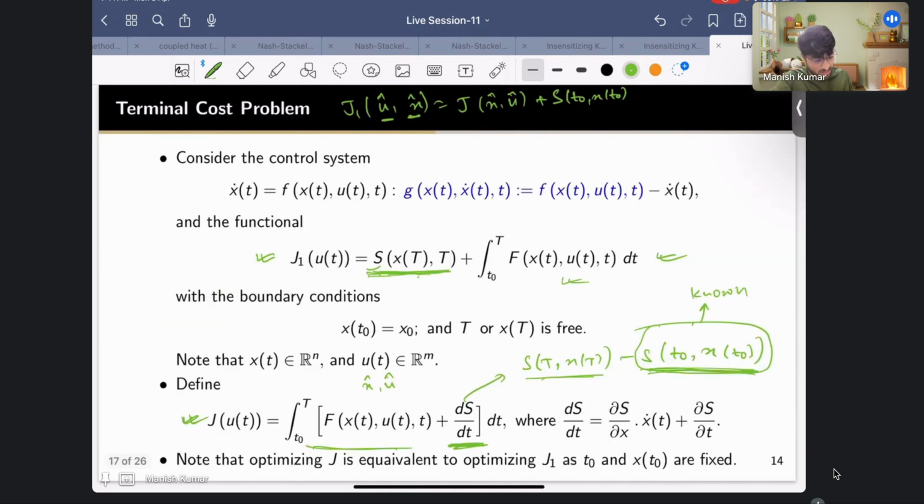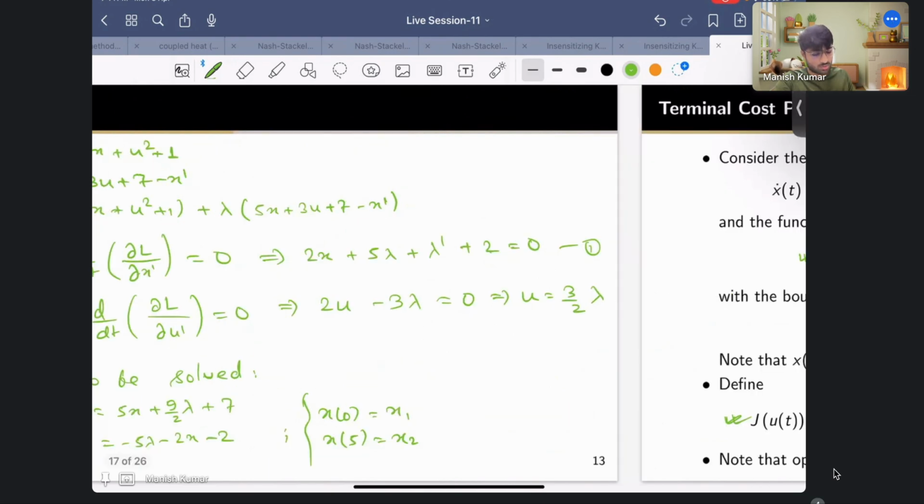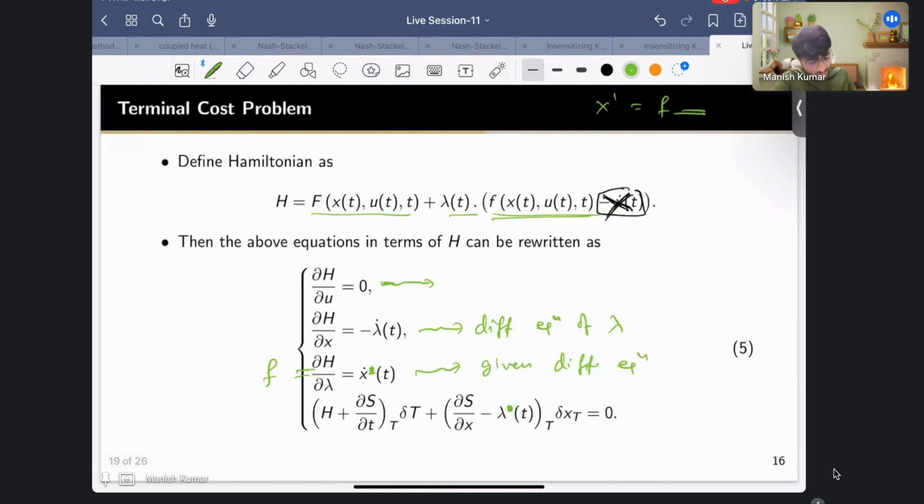If you see in the last examples, one of them was giving the differential equation of lambda, and the other one was giving the value of u in terms of lambda. So this will give you lambda or the value of u in terms of lambda.